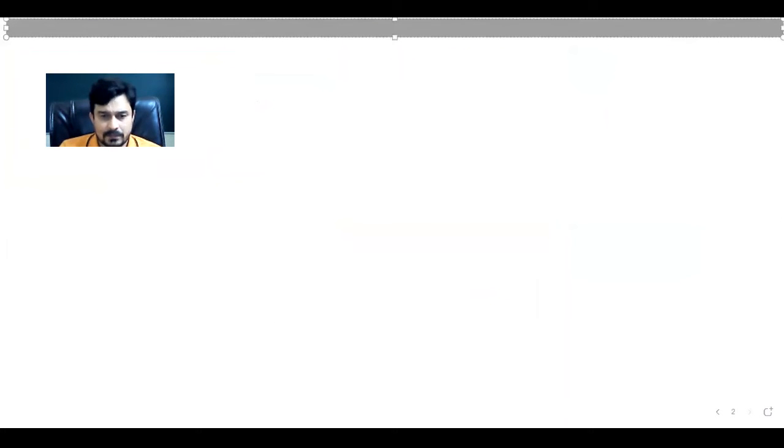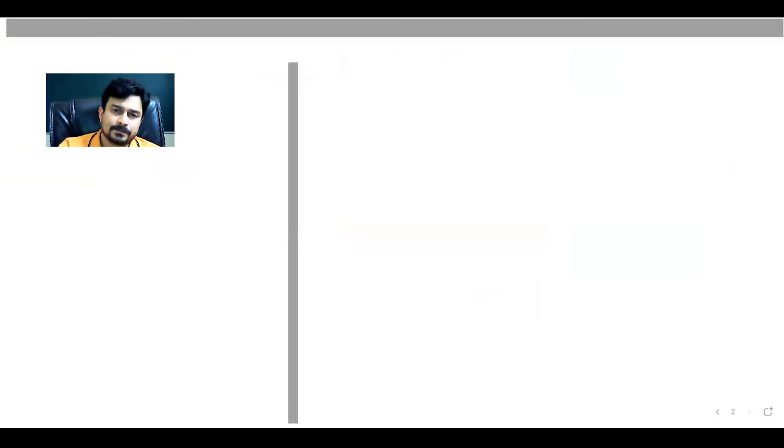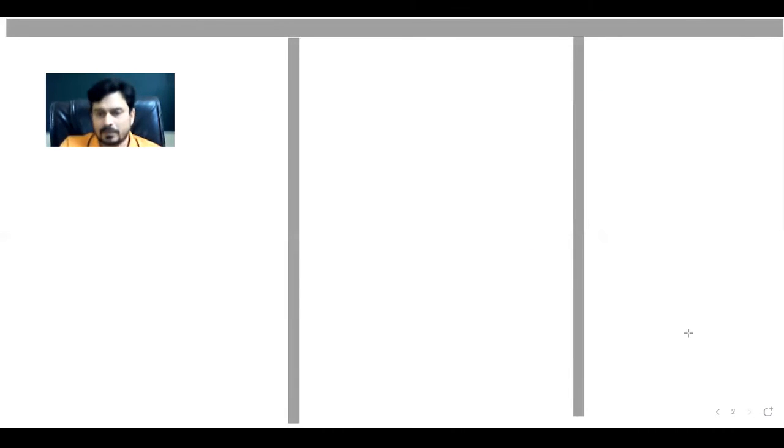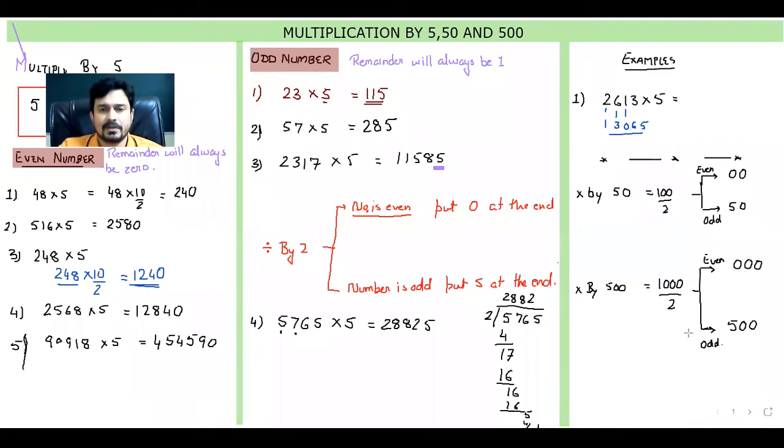Sir, can you show the previous page once? Yeah, sure. Yes, please take a screenshot if you wish. Okay, sir. Fine. Took it.